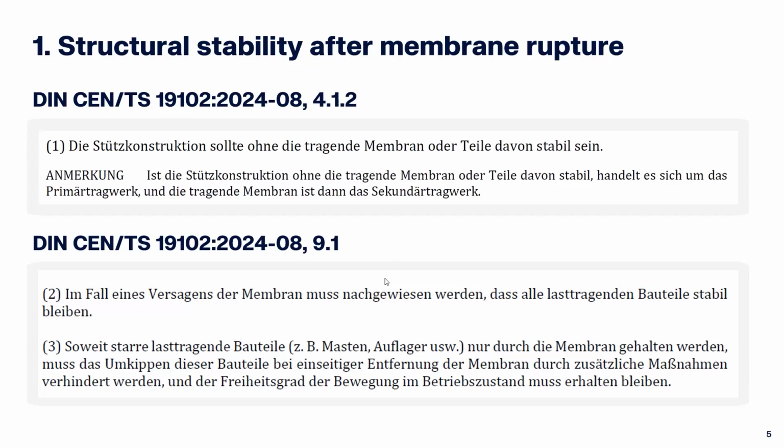In our case, our structure won't be stable without the membrane, but it hopefully will be stable if parts of the membrane are missing. And then at the bottom, we have another sentence that goes in the same direction. So if the membrane is failing, it has to be demonstrated that all the load-bearing components stay stable.